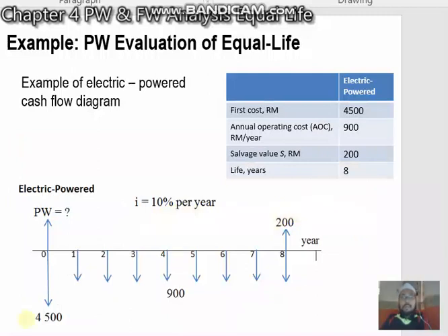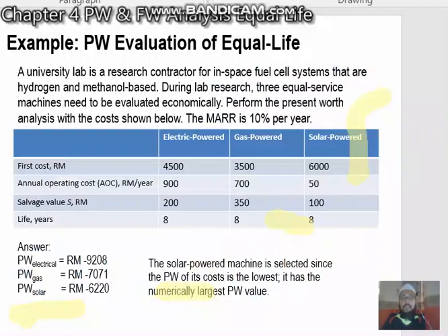From the data given here, 5,900 per year, and the 200 salvage value after 8 years. From the cash flow diagram, we develop the equation, which is the PW for electrical power. All the future values we transform to year 0. And then we do the same for the other 2 alternatives.